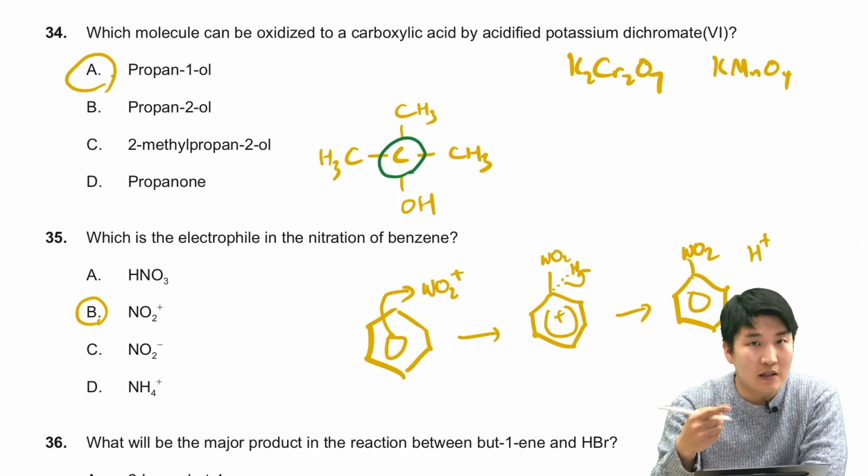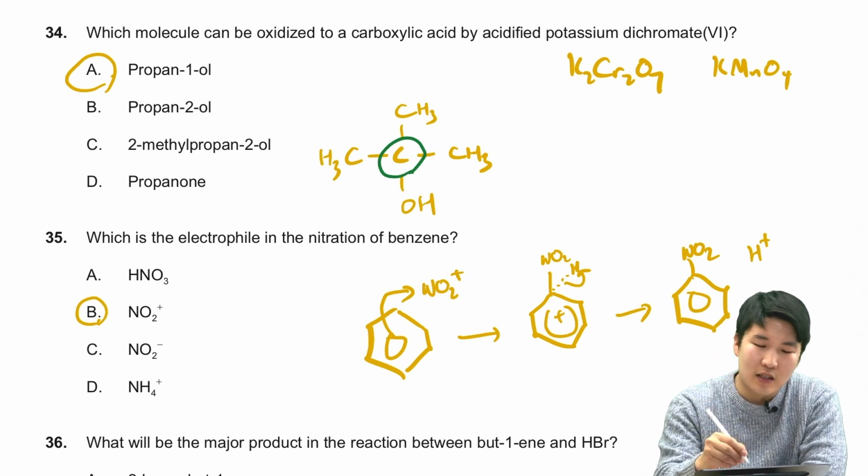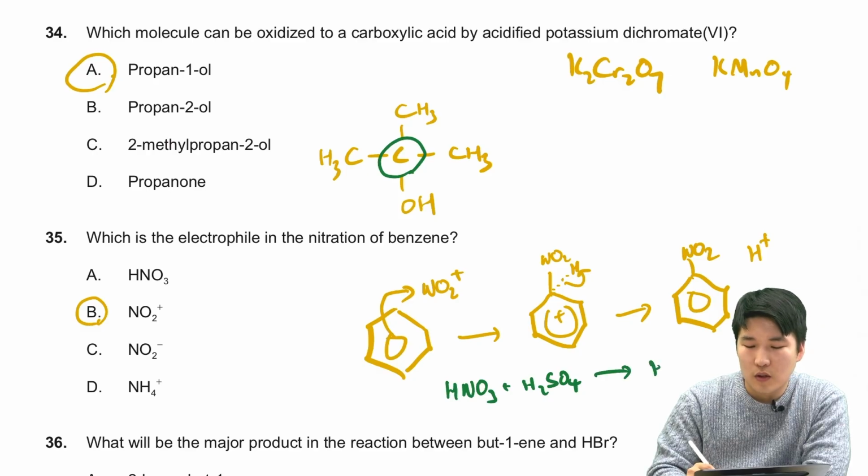HNO3 is indeed required for nitration of benzene. It is used for production of the nitro group in the first place by reacting with sulfuric acid, which will produce our desired product, nitro group, from how H2SO4 would contribute an H+ to the OH- produced from HNO3.